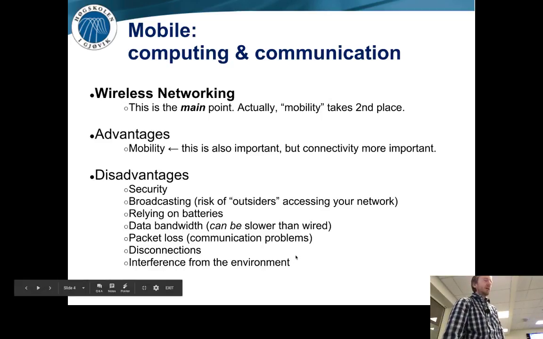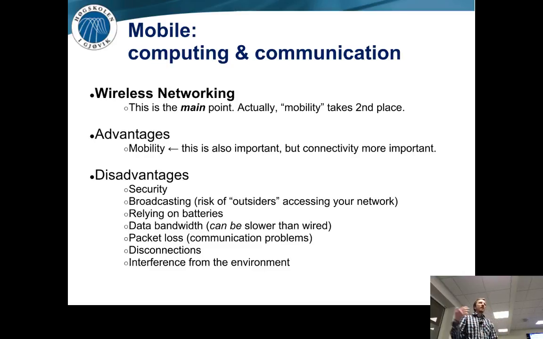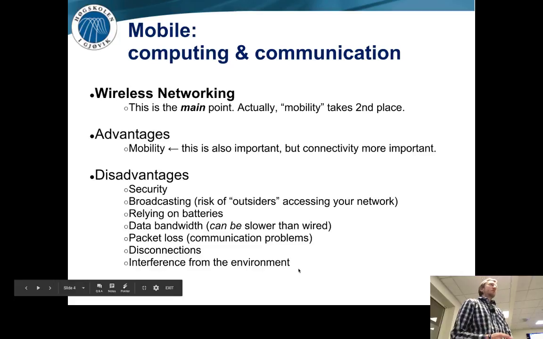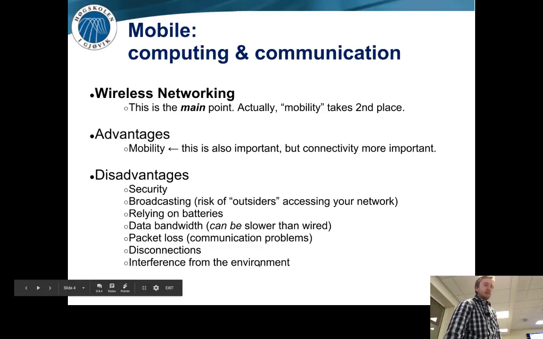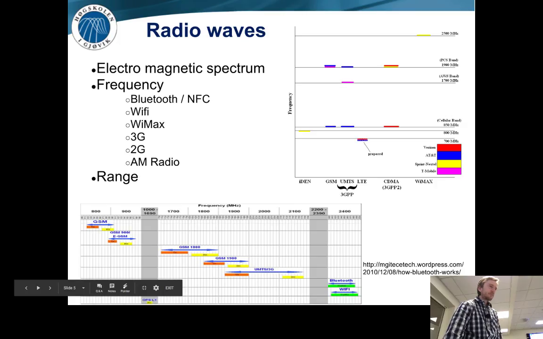You will have disconnections, the famous going with a train into a tunnel. So if you're on a Skype call and then you go into a tunnel, suddenly you have no network, right? And there is nothing you can do about it. It's just normal. So when you're planning apps and planning mobile solutions, you have to take those things into account. And yeah, interference from the environment.